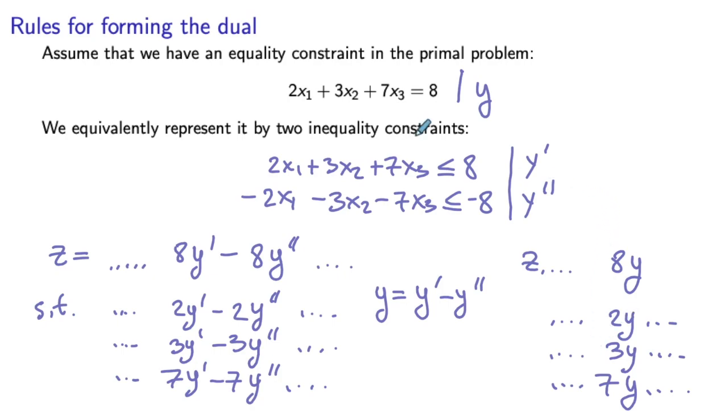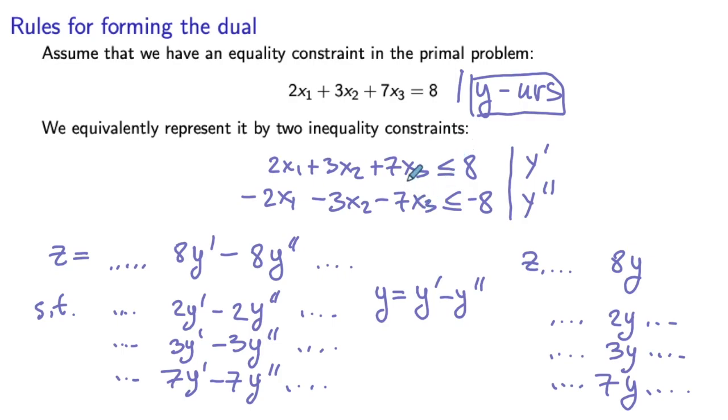Essentially, it's the same as what we had for the inequality constraint, but now y is the difference of two non-negative variables, and it can actually be negative. Therefore, y is unrestricted in sign. This is the difference between the inequality and equality constraint. When we introduce a dual variable for the equality constraint, it is unrestricted in sign. This is the key thing to remember about the equality constraint.